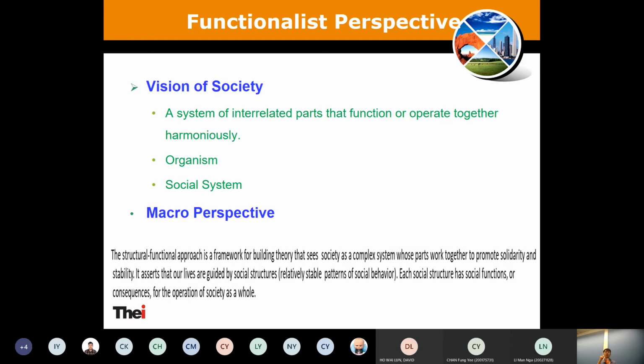So functional approach is a framework for building theory which views society as a complex system, and the parts work together to promote a very solid way for us to talk about sustainability. It asserts that our lives are guided by social structures, relatively stable patterns of social behavior. Each social structure has social functions or consequences for the operation of society as a whole.